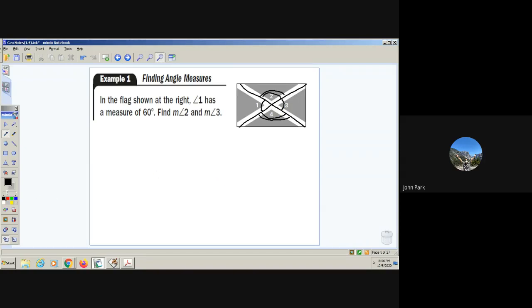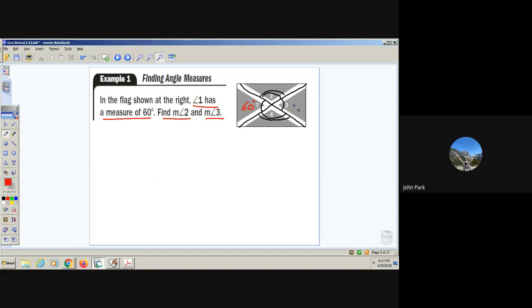They are congruent, right? So if you look at the picture, angle 1 has a measure of 60 degrees. Here, that's 60 degrees on the angle on the left side. With that in mind, we should be able to find the measure of angle 2 and the measure of angle 3.